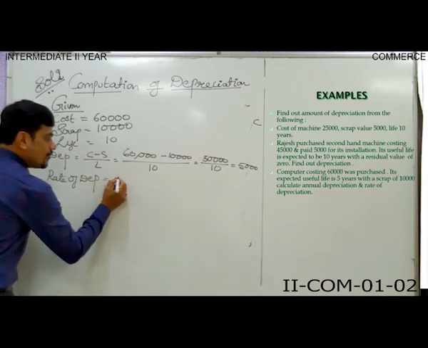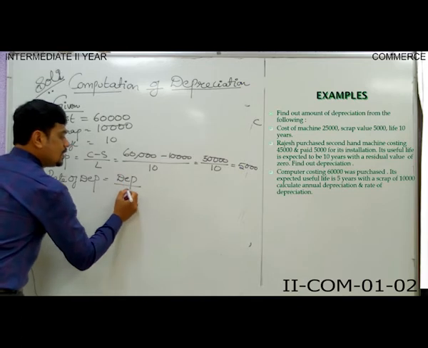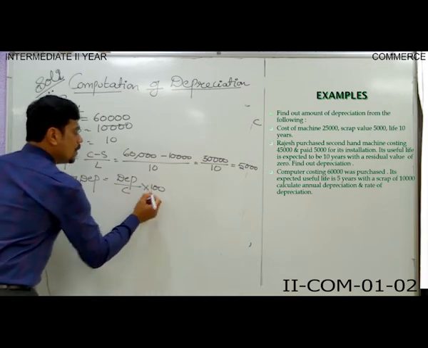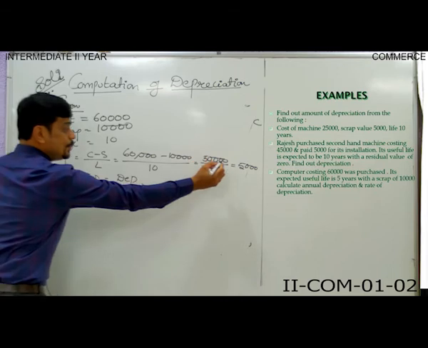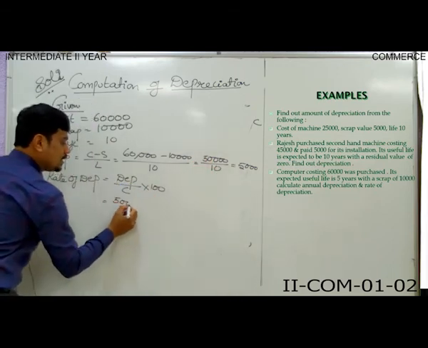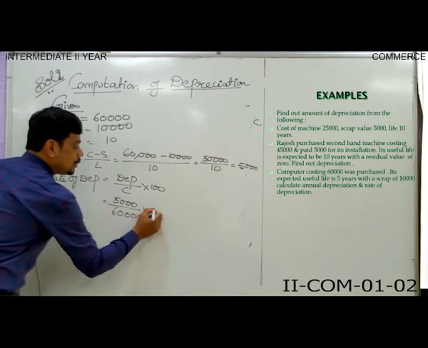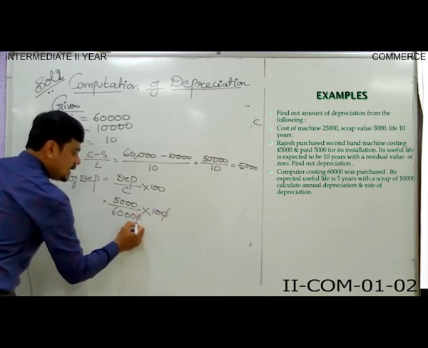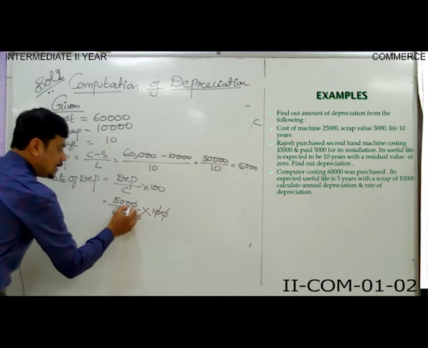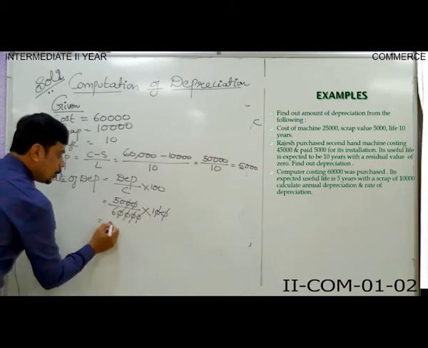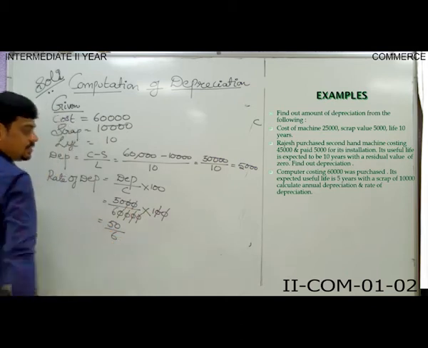Now the focus is on calculating the rate of depreciation. What is the formula? Depreciation divided by cost into 100. Depreciation is 5,000. Cost is 60,000 into 100. So cancelling the zeros of numerator and denominator, we are left with 50 by 6.